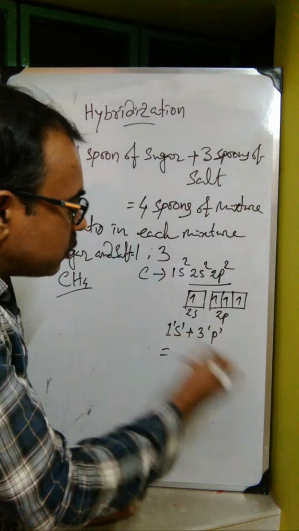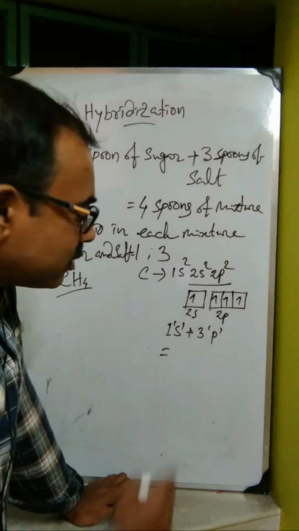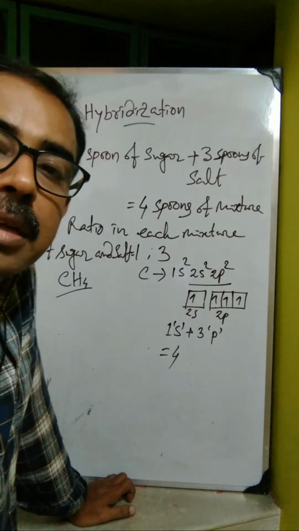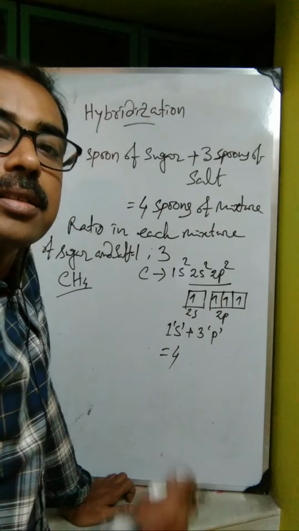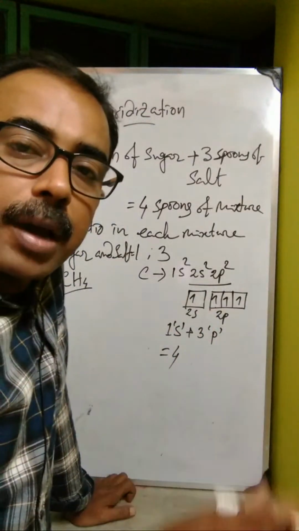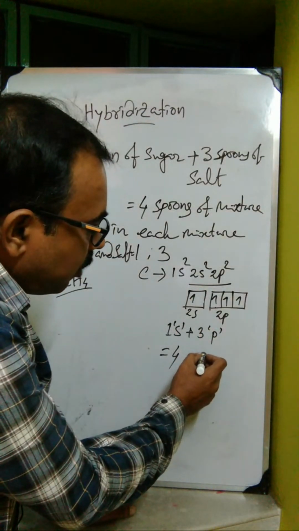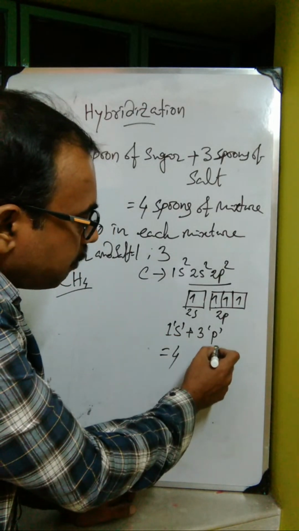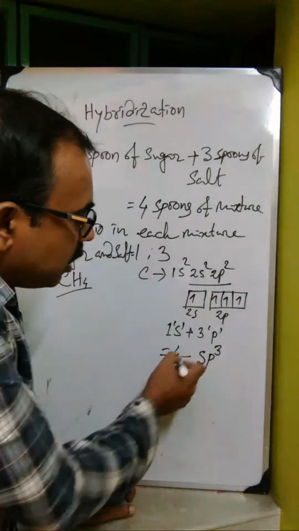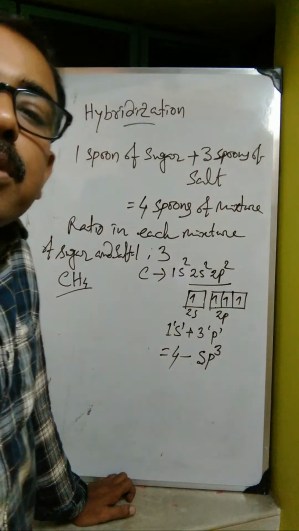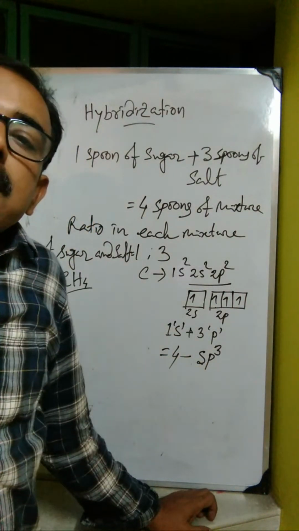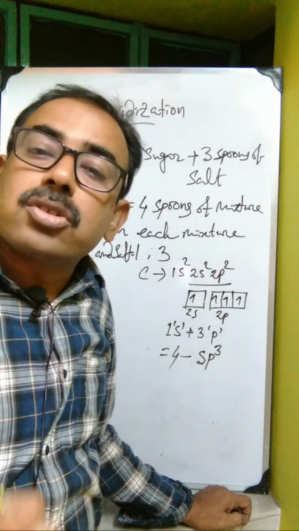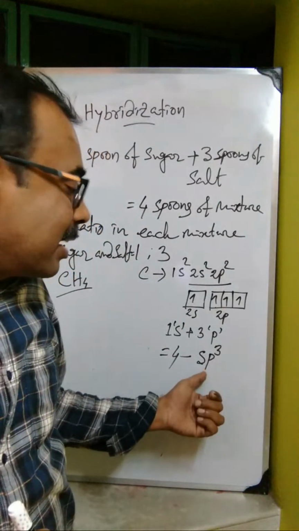So the number of mixed orbitals must be 1 plus 3, that is 4, and since the mixing is homogeneous, each mixed orbital should contain one part of s and 3 parts of p. Therefore, the state of hybridization is sp3. When one s orbital is hybridized with 3 p orbitals, the state of hybridization is sp3.